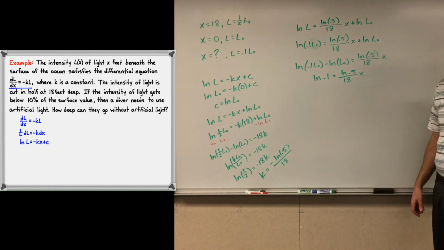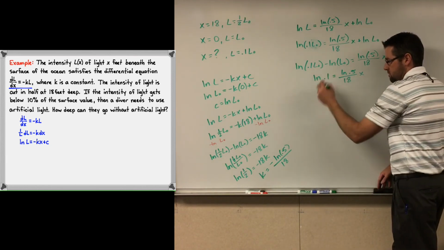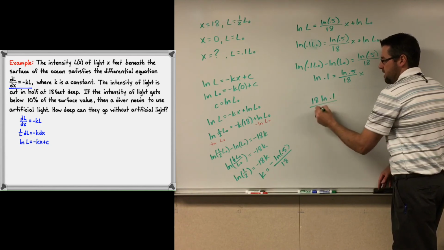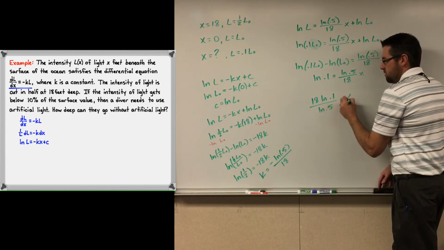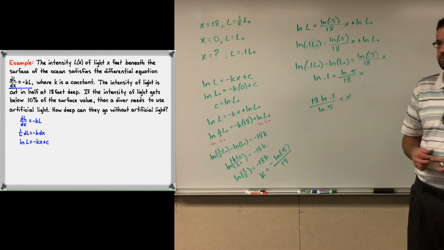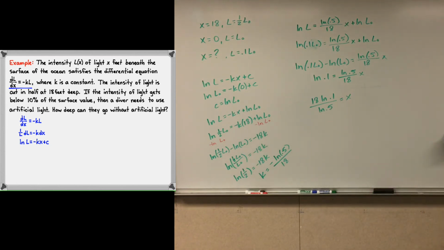It's easy now. What now? So 18 natural log of 0.1 divided by natural log of 0.5 equals x. There's your answer. Get your calculator out and figure that out.